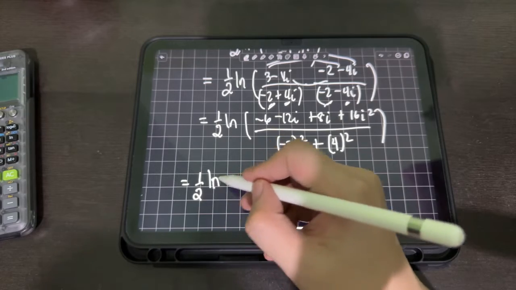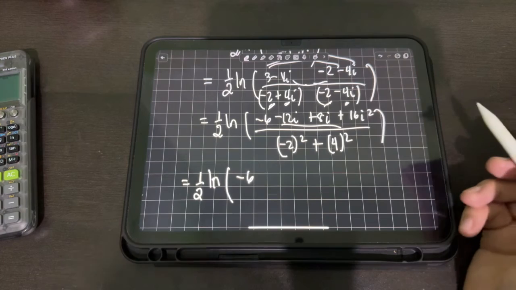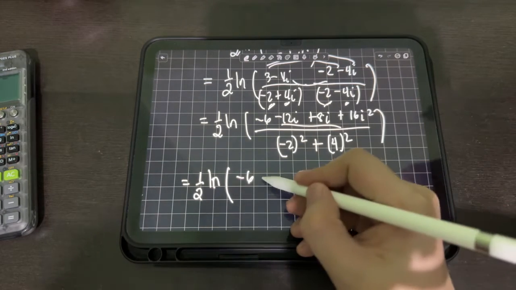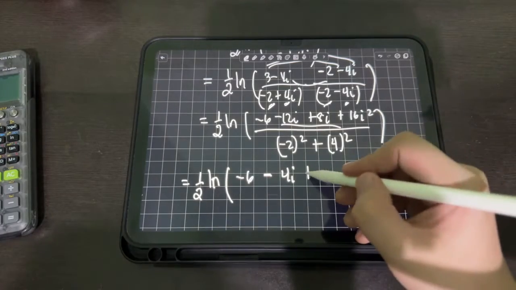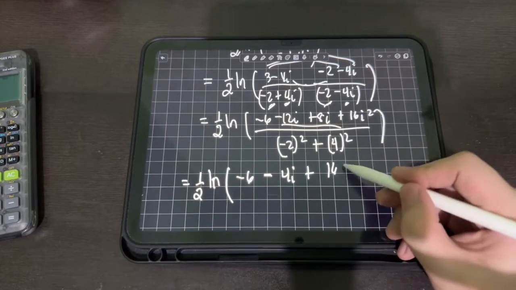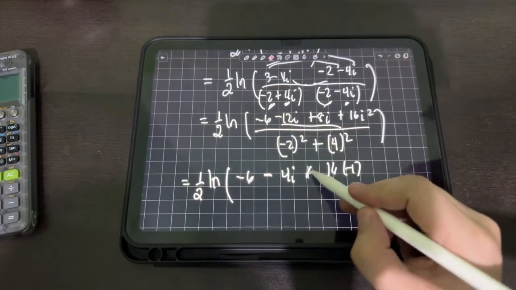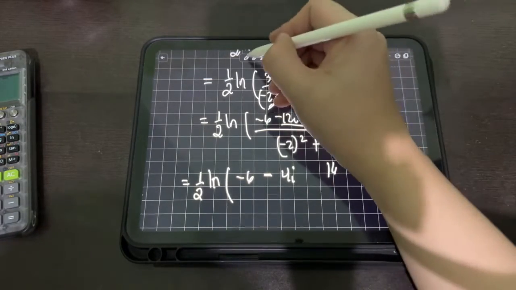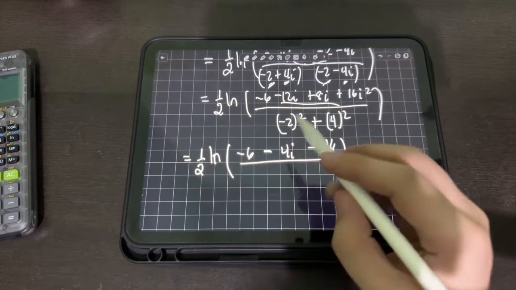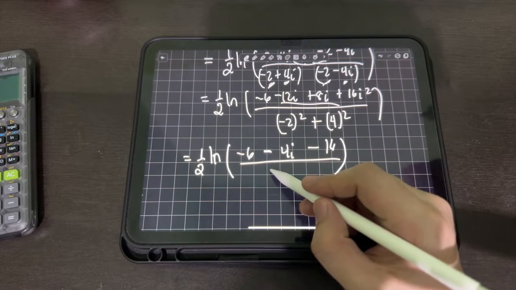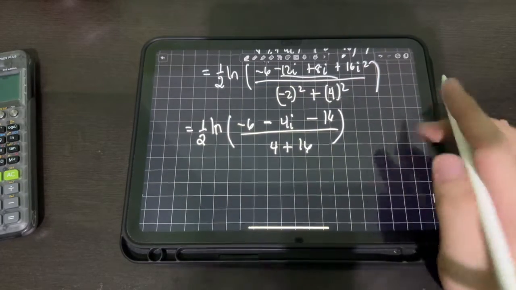We have 1 half ln of negative 6, combine negative 12i plus 8i, negative 4i. And then plus 16i squared is negative 1. Therefore, this will be positive 16 times negative 1, negative 16, over negative 2 squared, that's 4, plus 4 squared, 16.